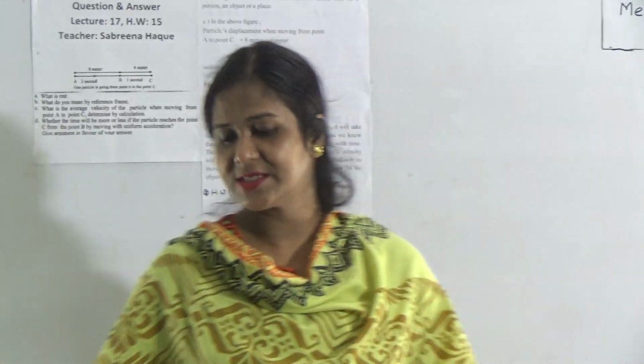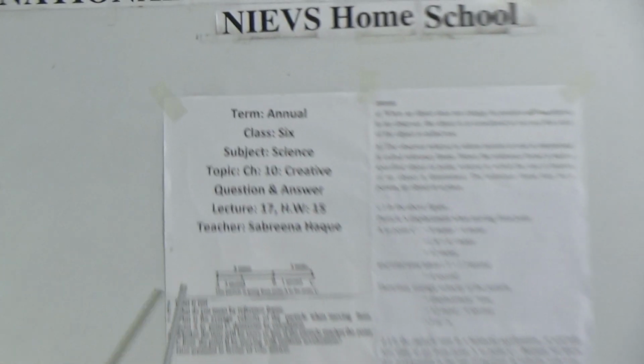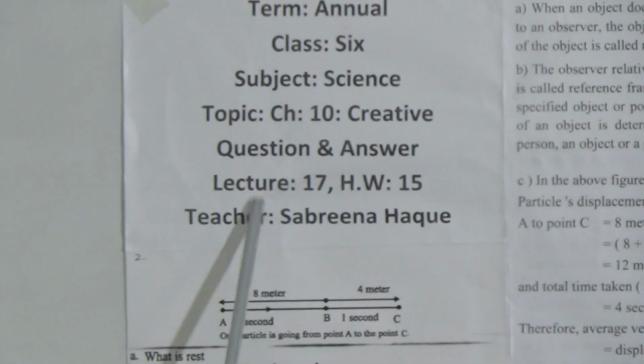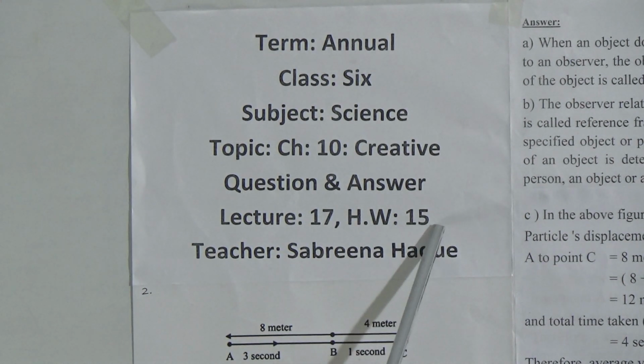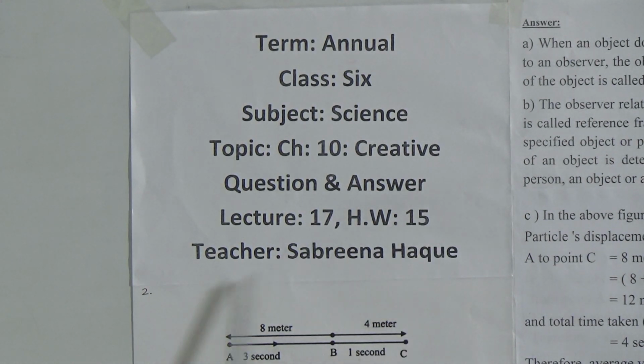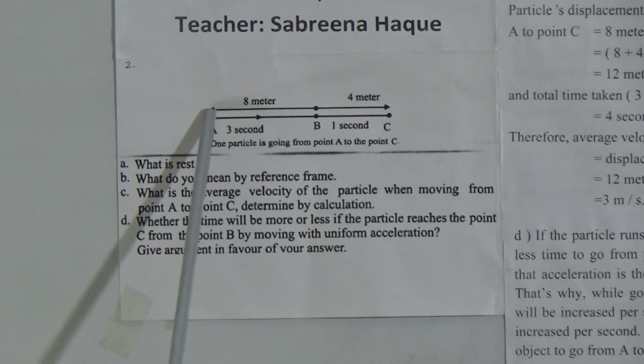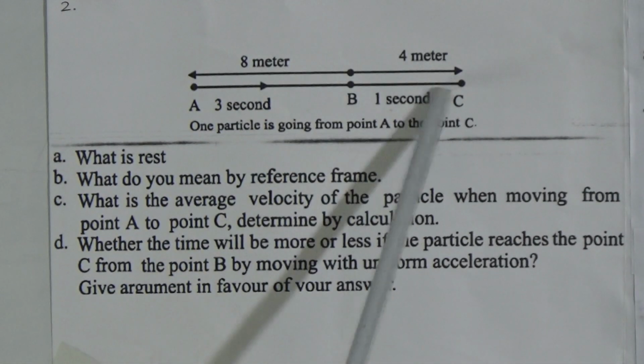Dear students, let us move to today's topic. This is our lecture 17 for annual term, and you will get SW 15 from this class, and we will discuss CQ2 from chapter 10 today. This is the stem.